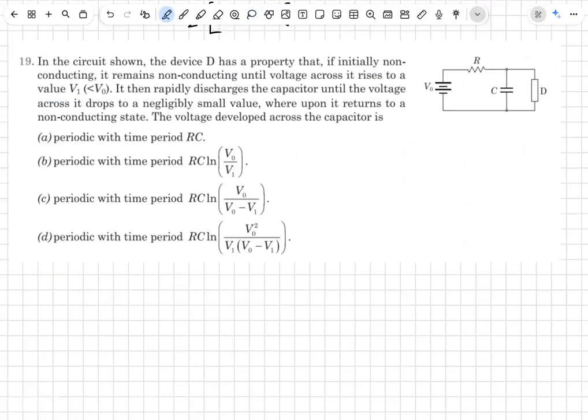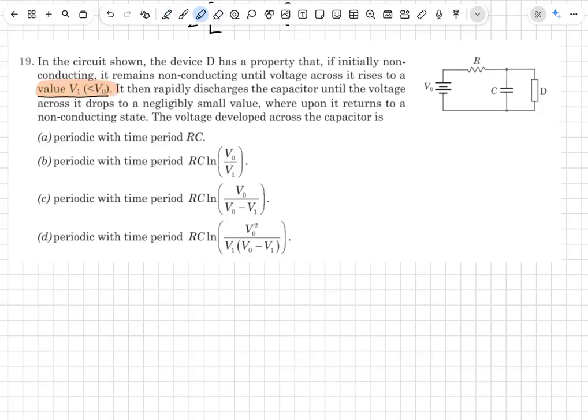See, in the circuit shown, the device D has the property that if initially non-conducting, it remains non-conducting until the voltage across it rises to a particular value V1, which is less than V0. Boys and girls, right.